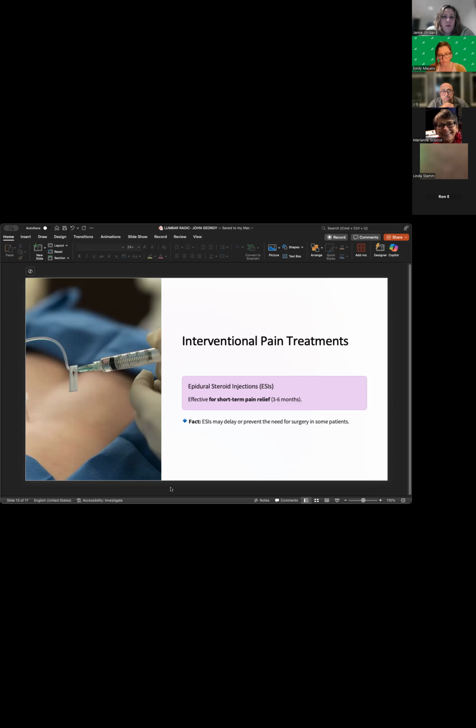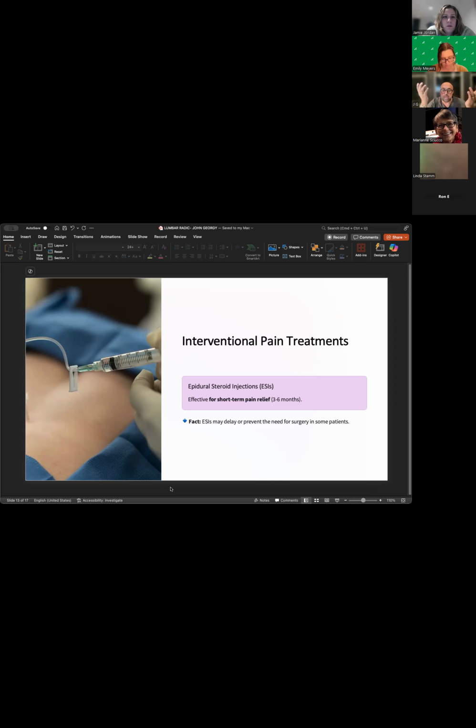Because oftentimes surgeons have a rule. It's all case by case, but if an injection was done in that area, they would delay surgery 90 days, because it leads to poor outcomes if they were to operate in that area when steroid was used in that region.